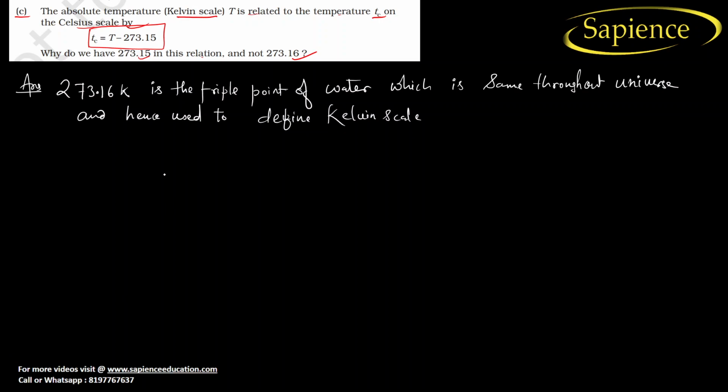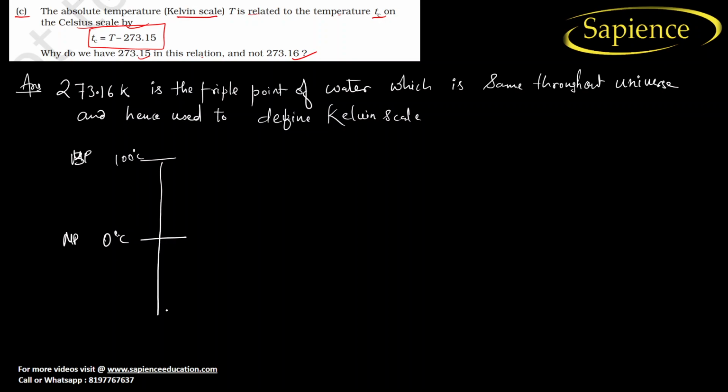See, earlier there was a scale which was made, with 0 degree Celsius and 100 degree Celsius. So this is the melting point and the boiling point. And from here only we used to measure the temperature.